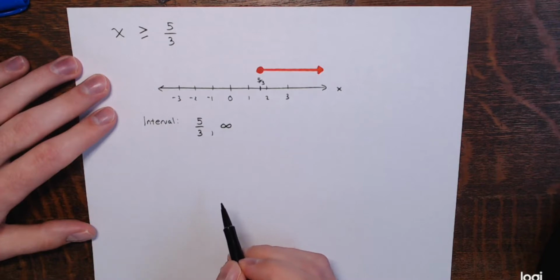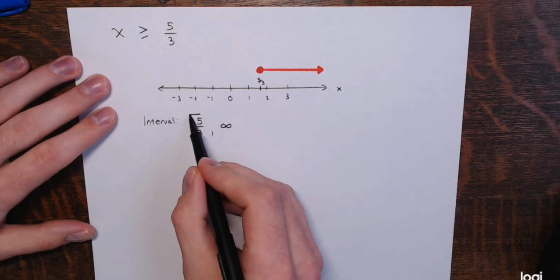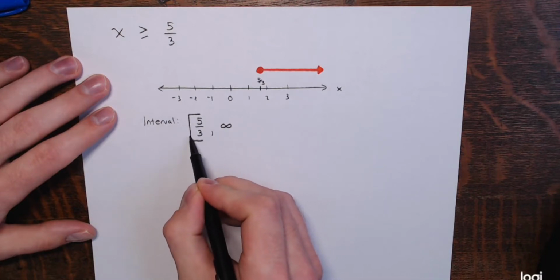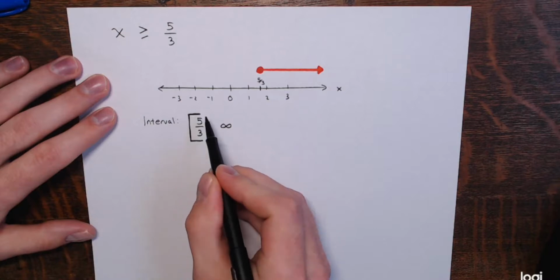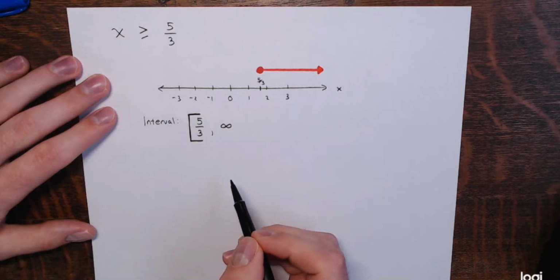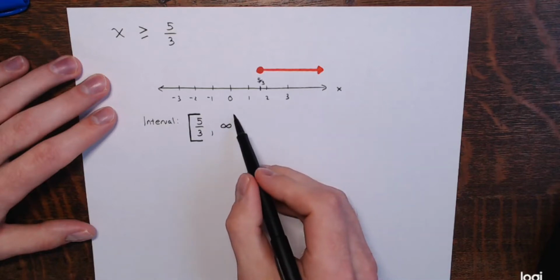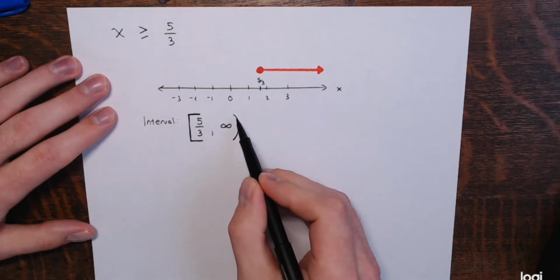It goes to the right forever. A bracket, one of these rectangular brackets, on the 5/3, because 5/3 is a solution. And then, like I said before, infinity is not a number, so you always have parentheses on infinity.